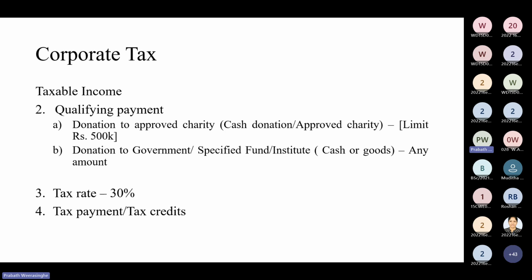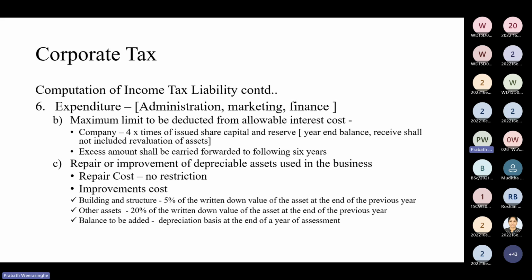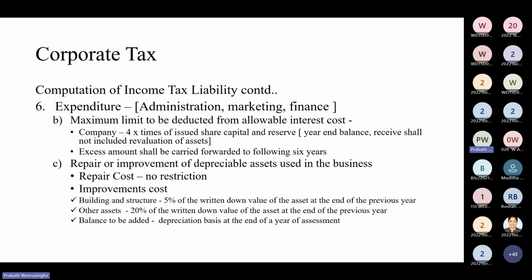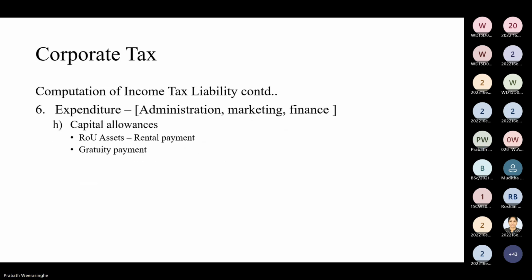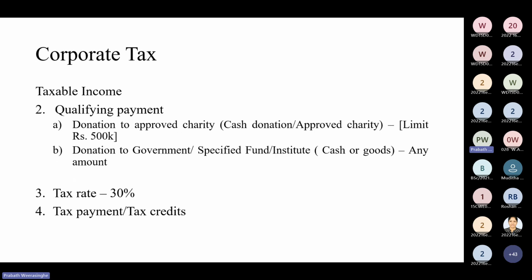Basically, please focus on these areas we have discussed. Under section 10, the allowable amounts, and finance cost, improvement cost, and disposal adjustment of the capital or depreciable asset used in the business, and ROU, and gratuity payment. Under the investment income, we have discussed so many areas, but please focus on dividend, interest, rent, exempt amount, withholding tax liability, and the final withholding amount.